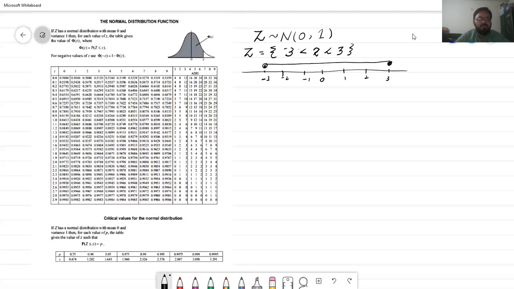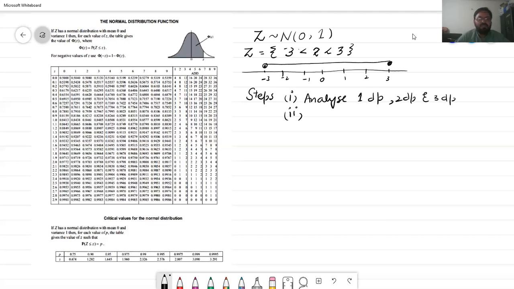Now you have to follow the steps. The first step is to analyze the one, two, and three decimal place digits.